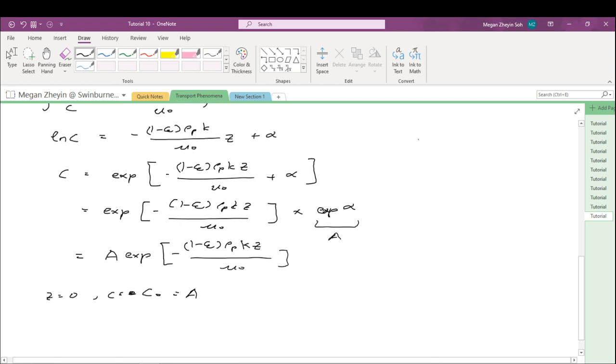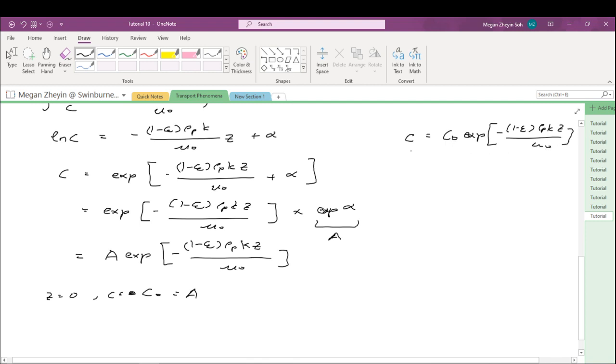Therefore, I'll write it over here. We have that C equals C0 exponential of the exponent.